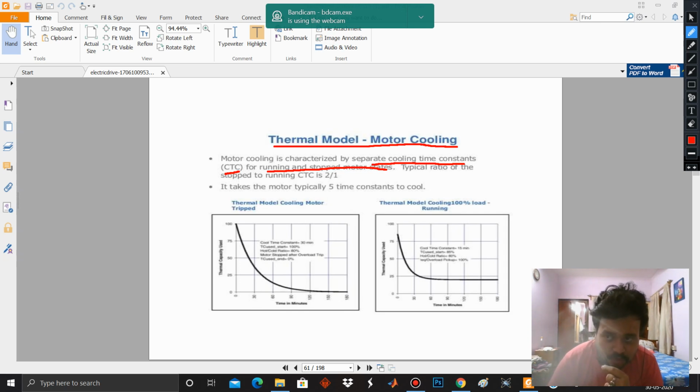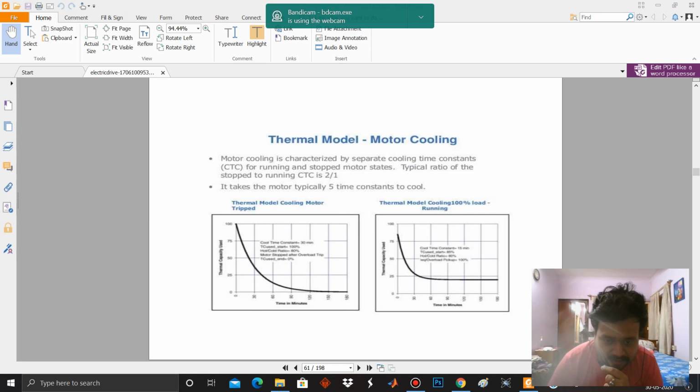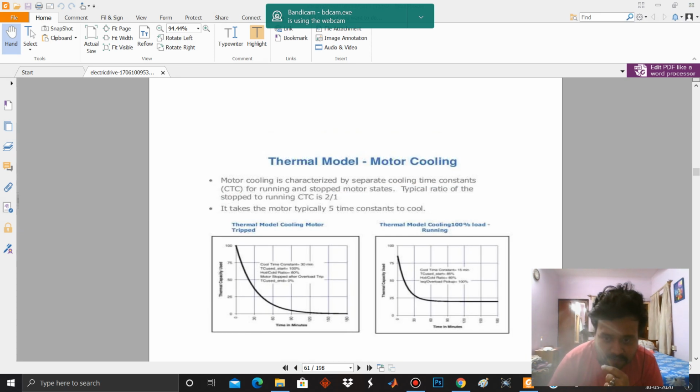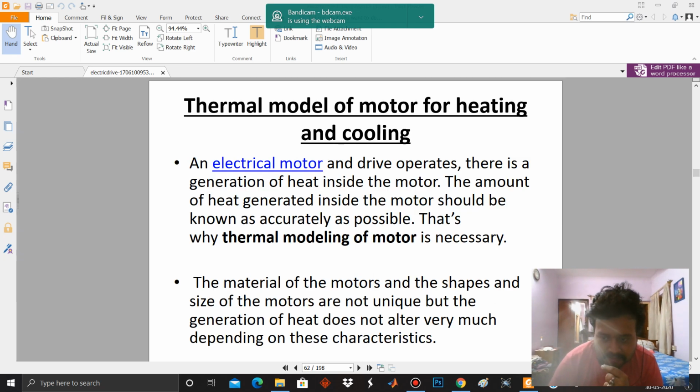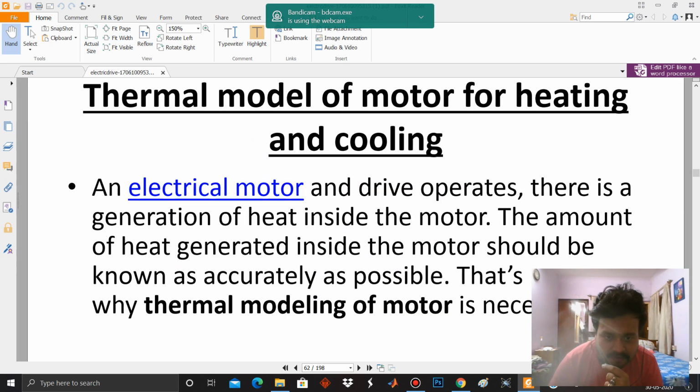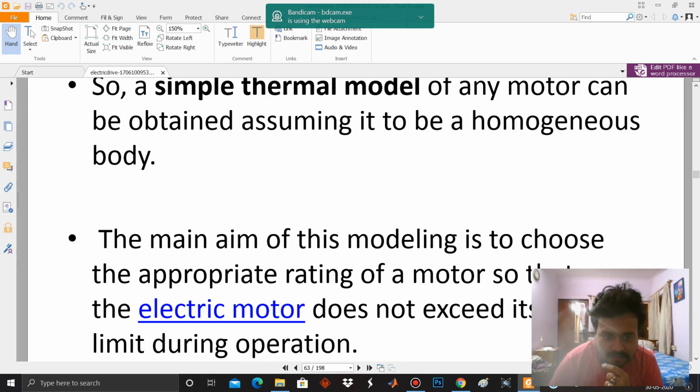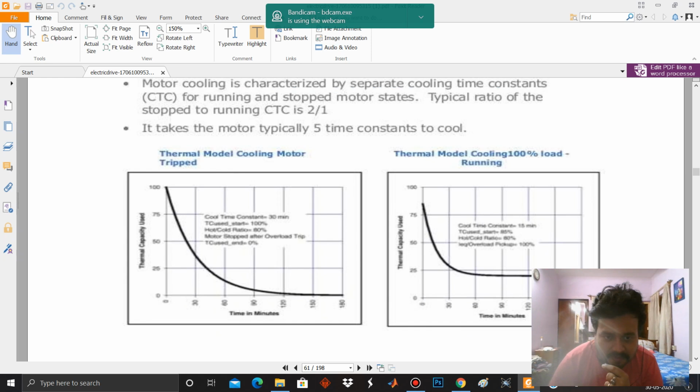So if we zoom into this part, you will see that there are some parameters.